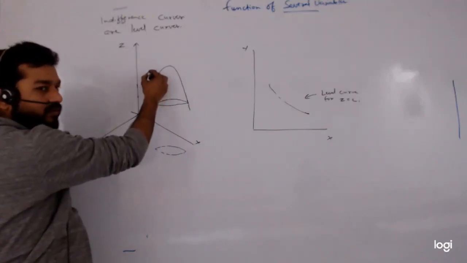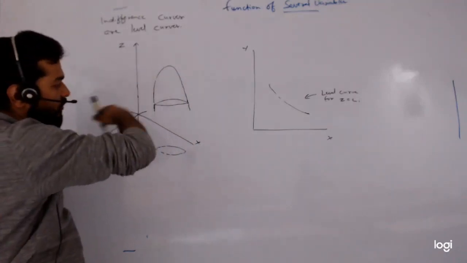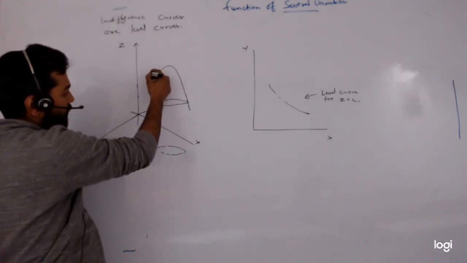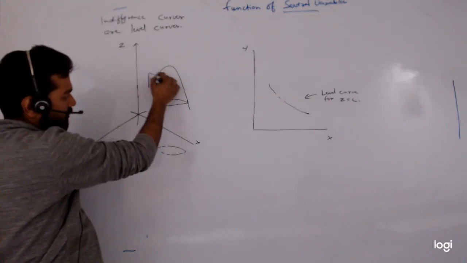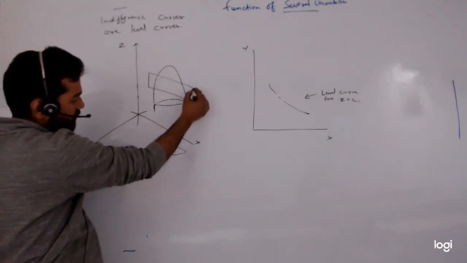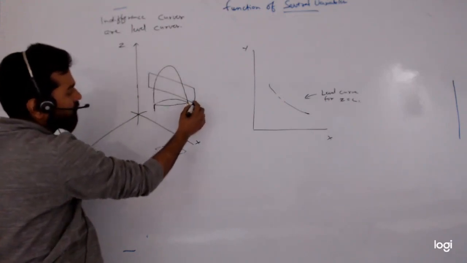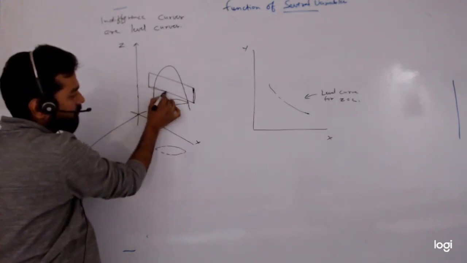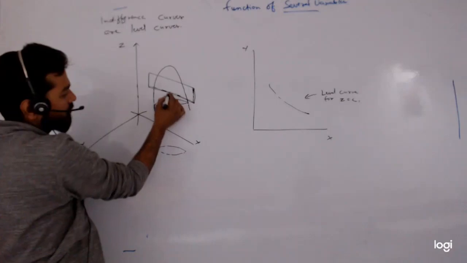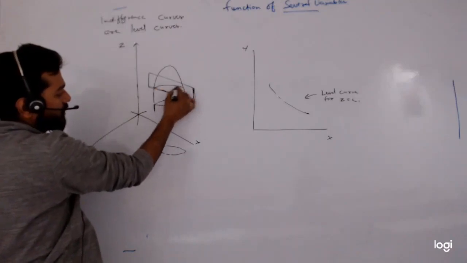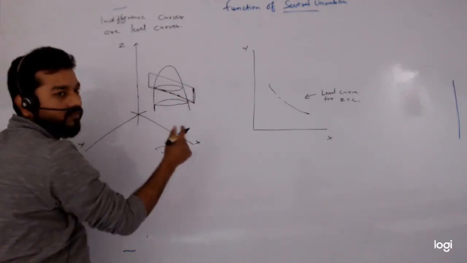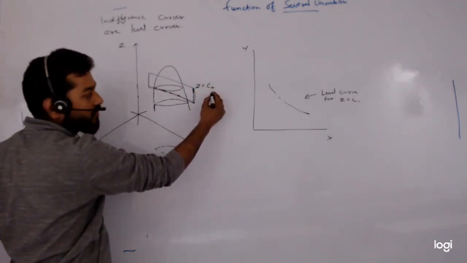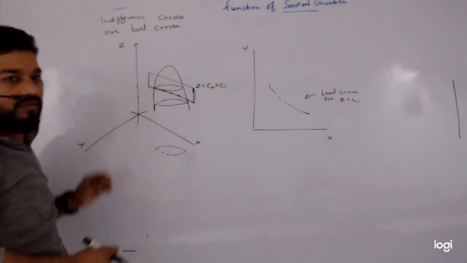Let's have this blade cut this above the previous one. Now it's cutting this here, and this is z is equal to c2, greater than c1.